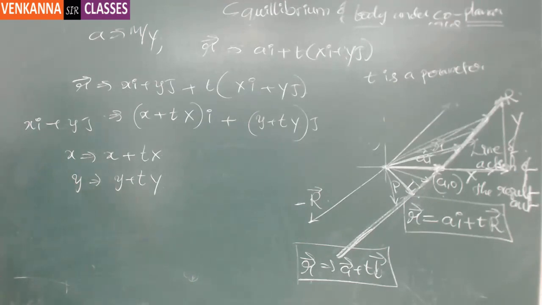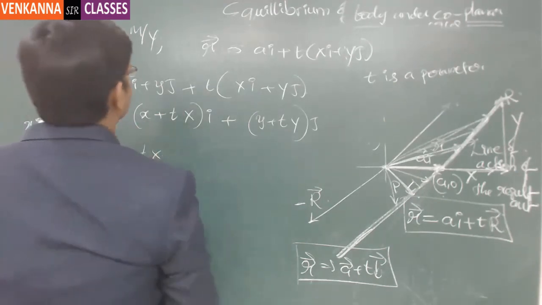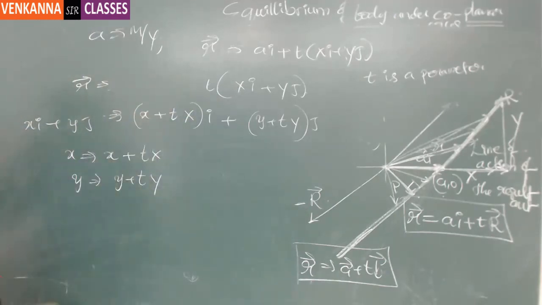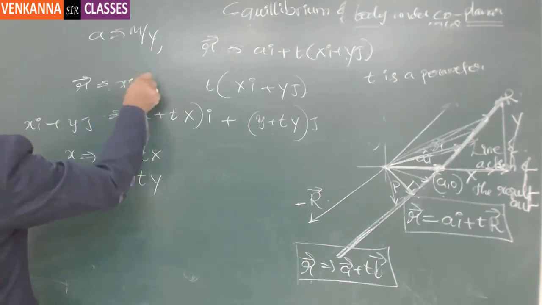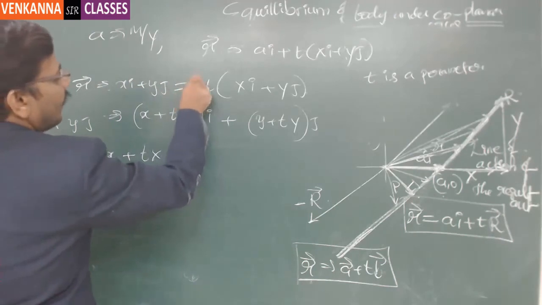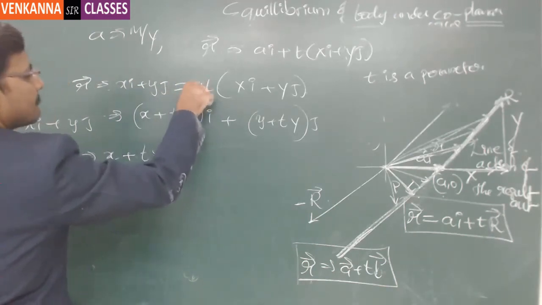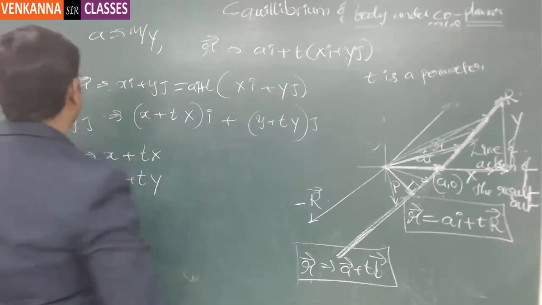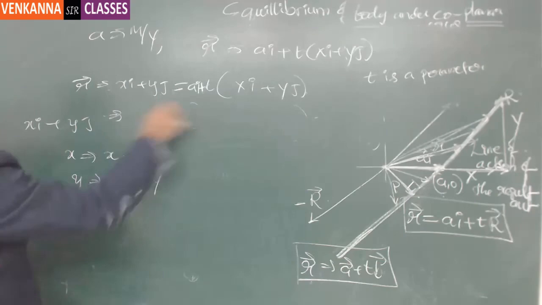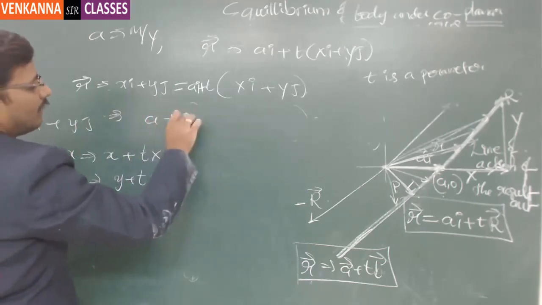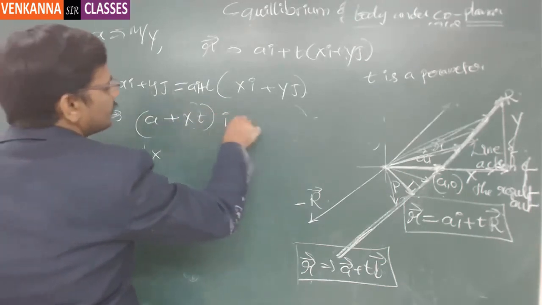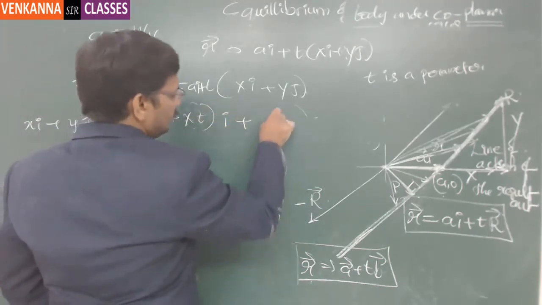Sorry, there is a mistake here. So this is R equal to xi plus yj, and the same value is equal to ai plus t times of (Xi plus Yj). Now here xi plus yj is equal to (a plus tX) into i plus tY into j.